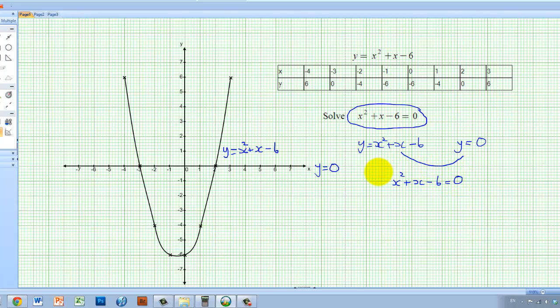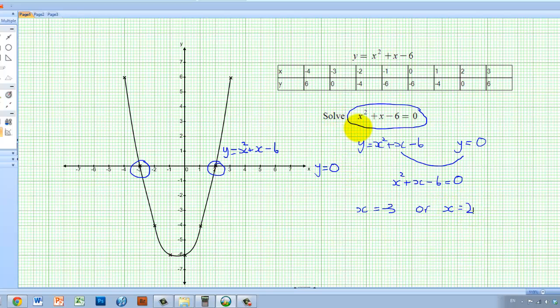And hence we will have the intersection between this curve here and the x-axis. The intersection between these two curves will result in having x equals to negative 3 or x equals to 2.